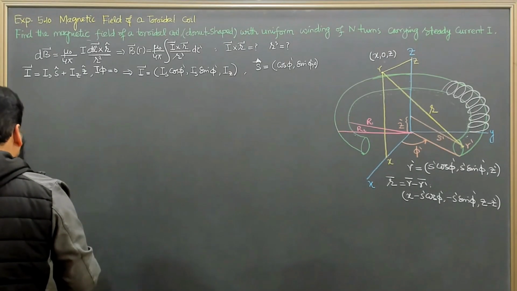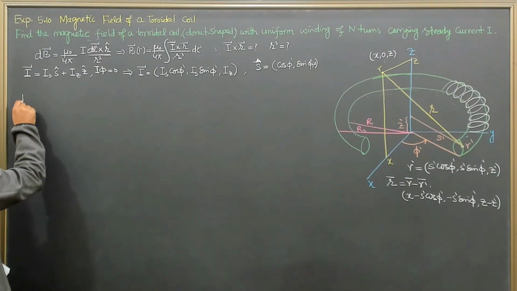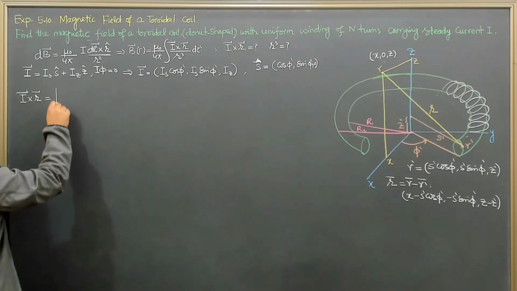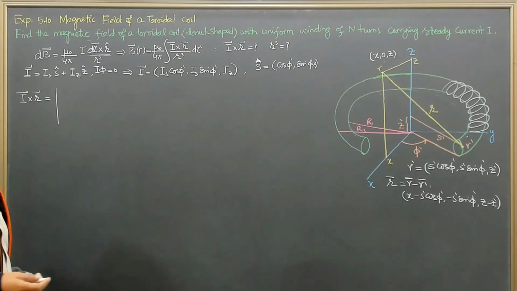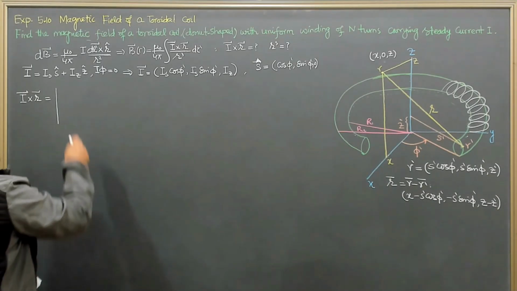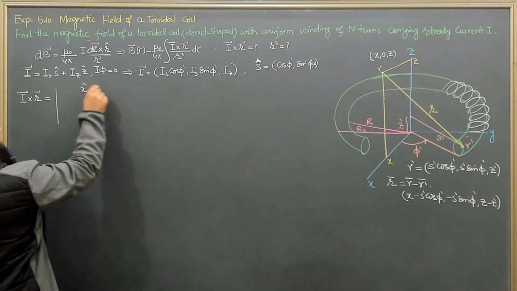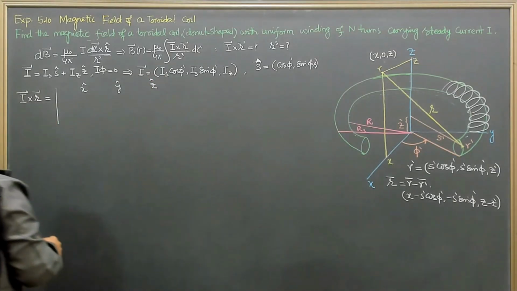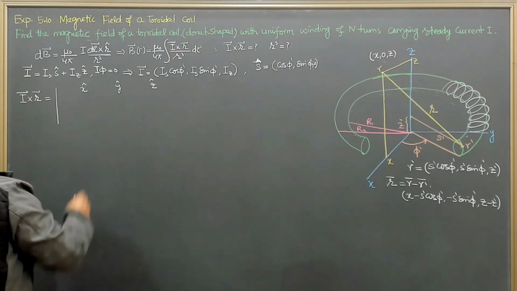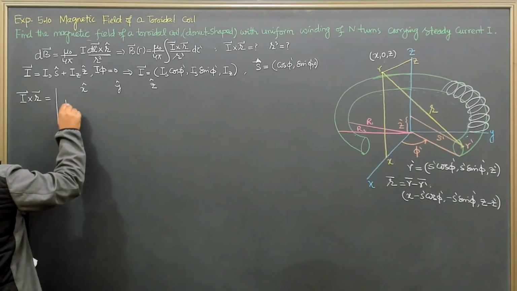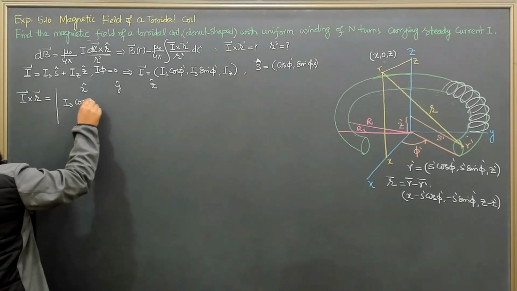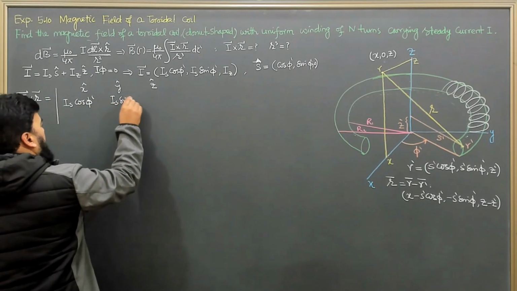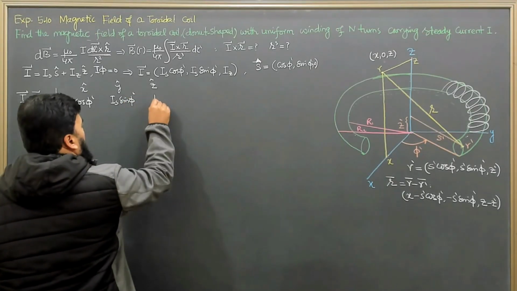Now what about I cross R then? For I cross R vector, I will have the matrix cross product form, with X, Y, and Z here. Now the I coordinates, let me write them. They are IS cos phi prime, IS sin phi prime, and IZ.